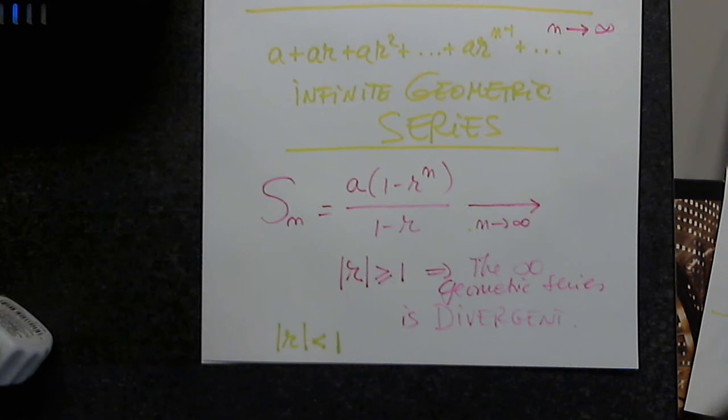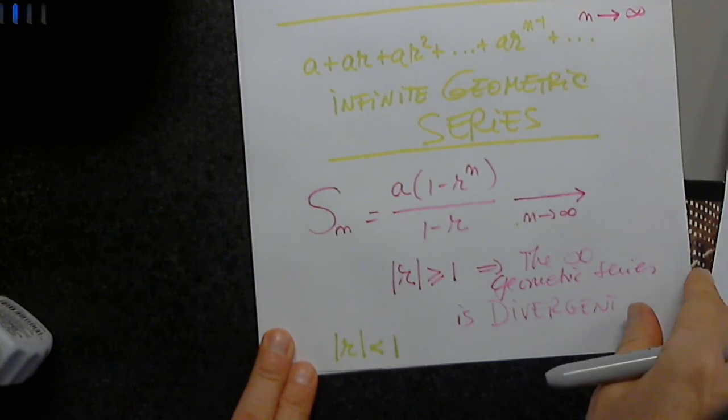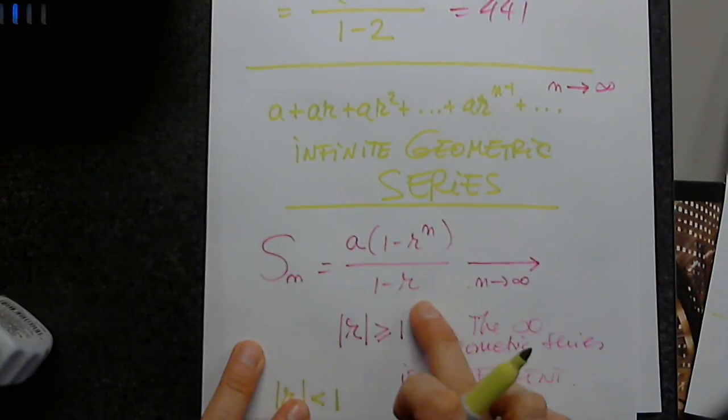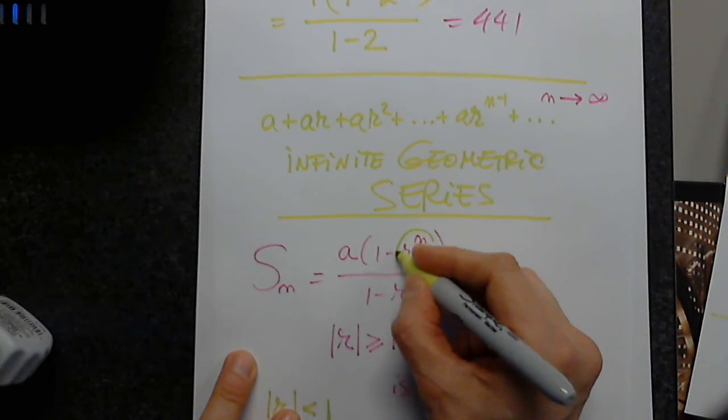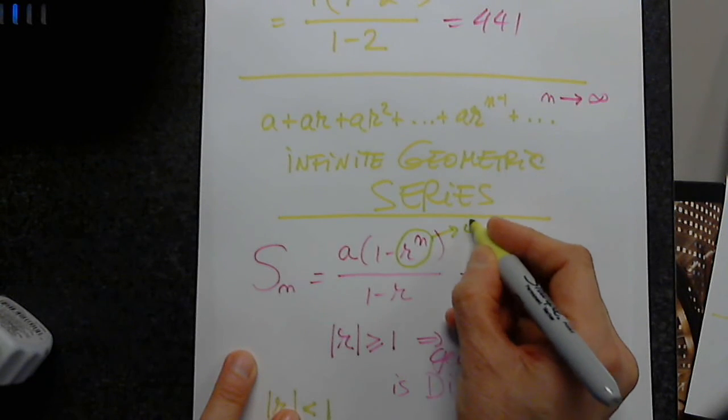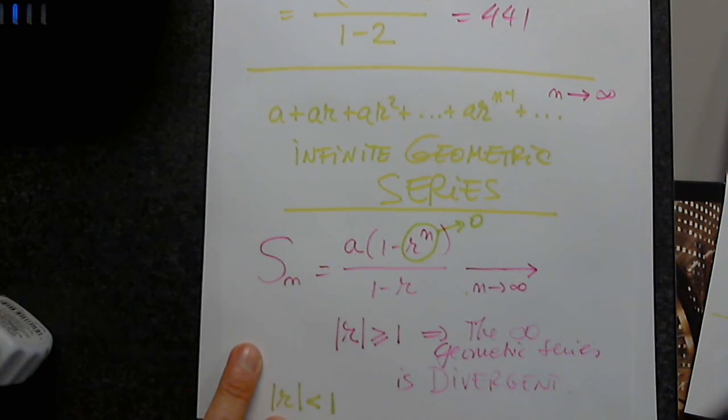It's not 1, but let's say it's 1. But 2 to infinity is infinity. But 1/infinity is 0. So then this will approach 0 in this situation.